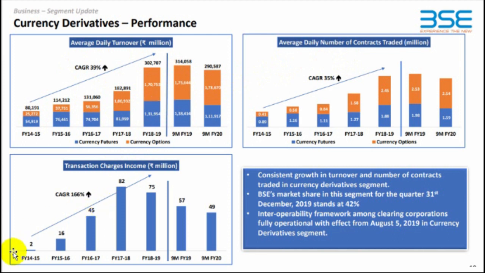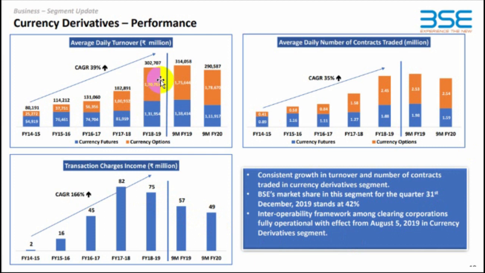At the bottom we see the transaction charges that were received through the currency derivatives segment. In FY 18-19, the company received around 7.5 crore rupees through currency derivatives. That has further now dipped in the 9-month ending FY 20 to around 4.9 crores.